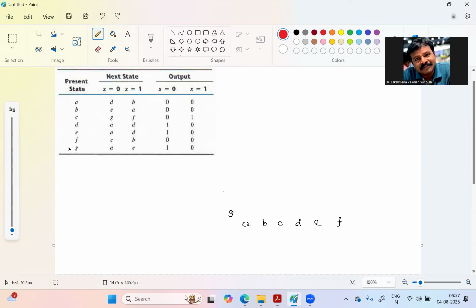Leave space for F, E, D, C, B. Then you have to draw the lines.